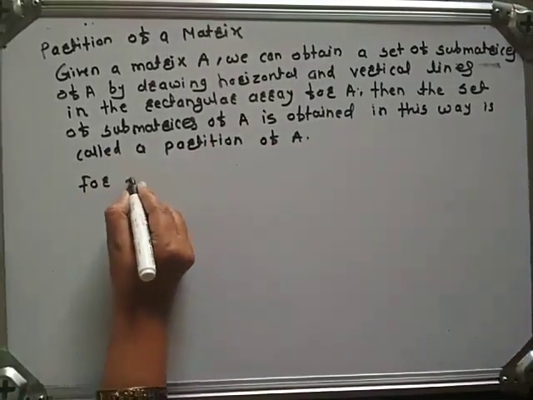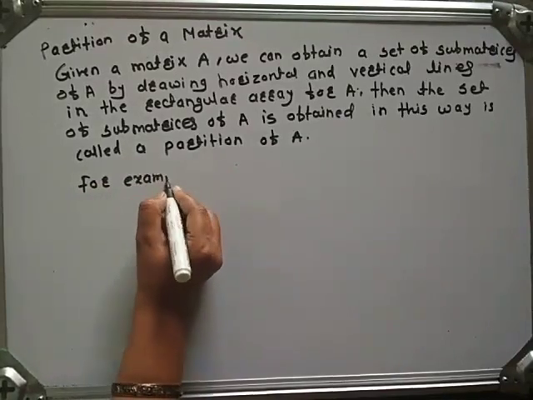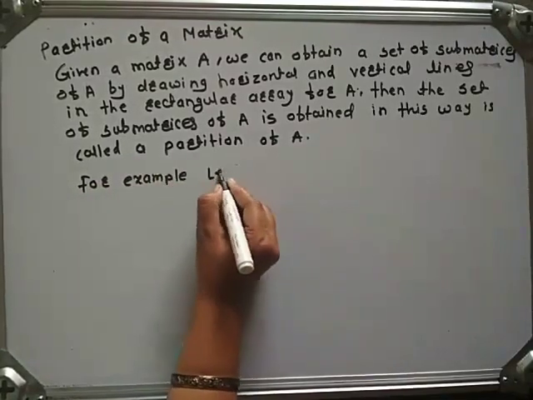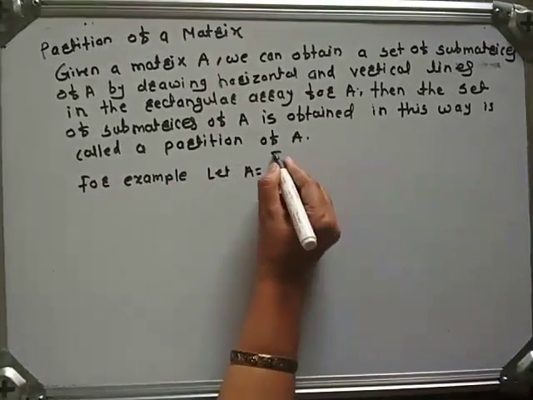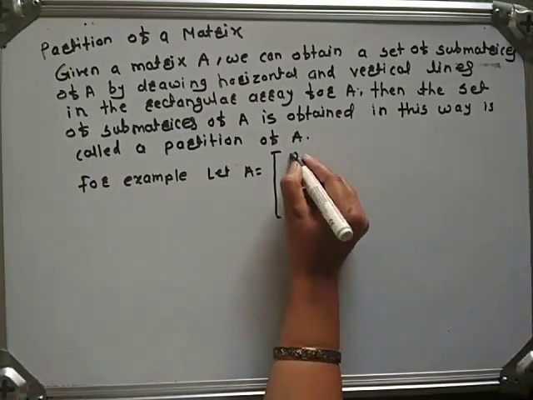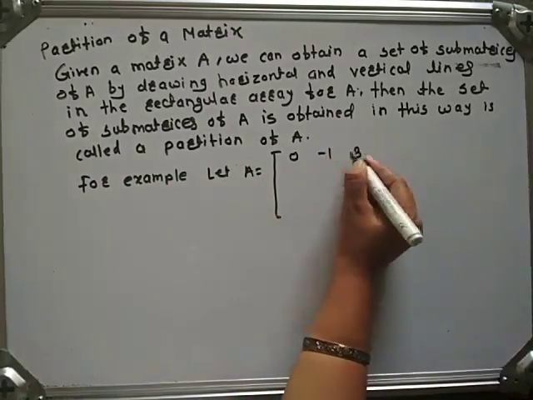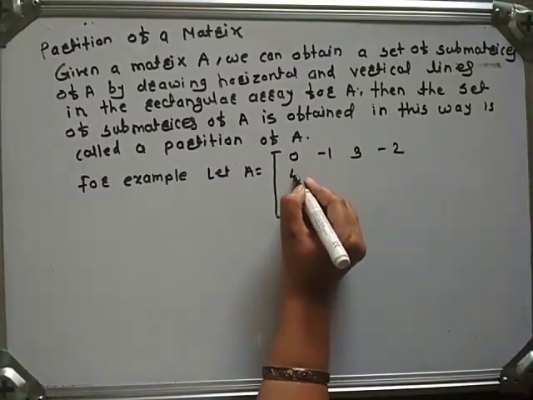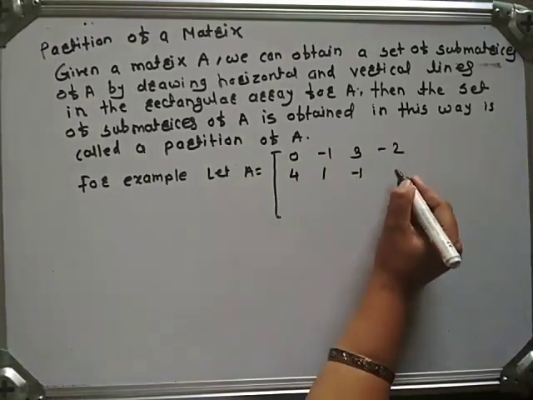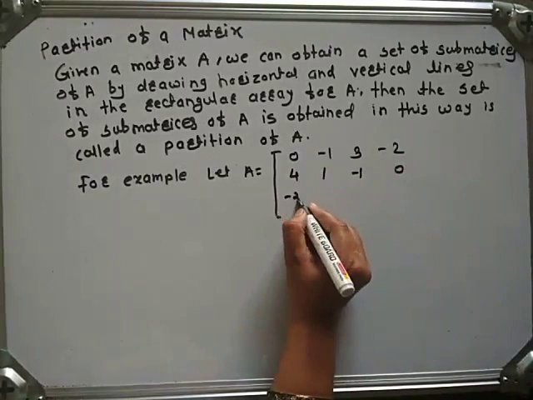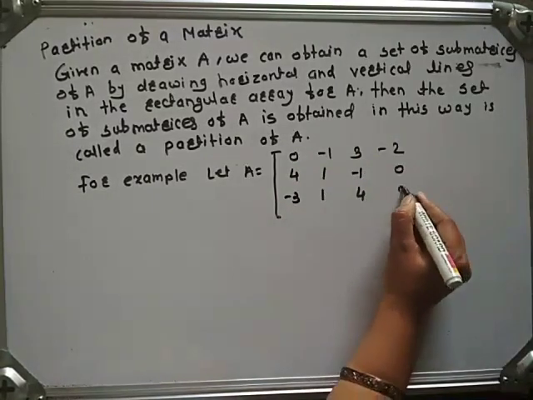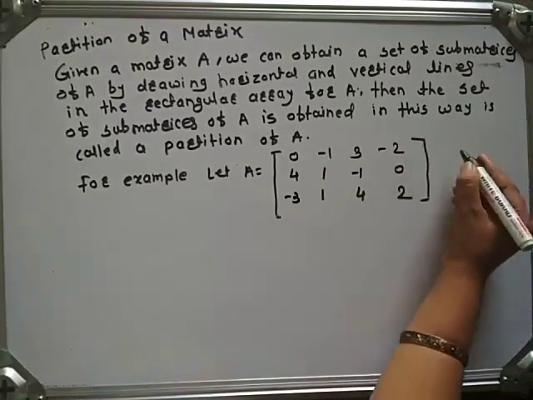For example, let matrix 0 minus 1 3 minus 2 4 1 minus 1 0 minus 3 1 4 2 be a matrix.